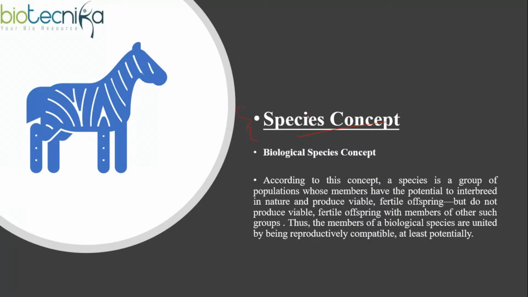Now we are going to focus on phonetics and cladistics, but before we dive into them, we need to know certain concepts. Under species concept, the first thing we need to understand is the biological species concept.